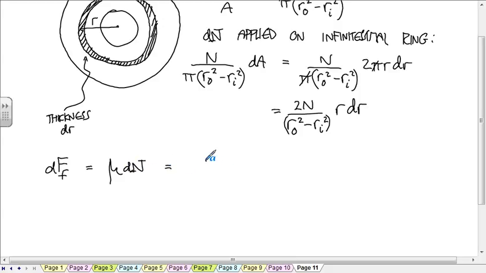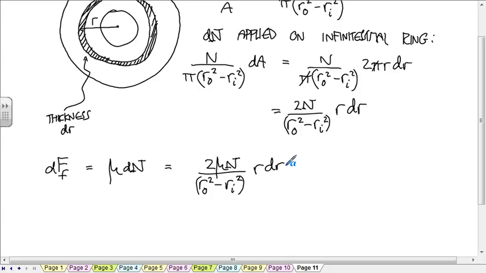And so that is 2 friction normal over r outer squared minus r inner squared times r dr. It does depend on the area, because the amount of normal force depends on the area, because we're assuming that the normal force is uniformly distributed.